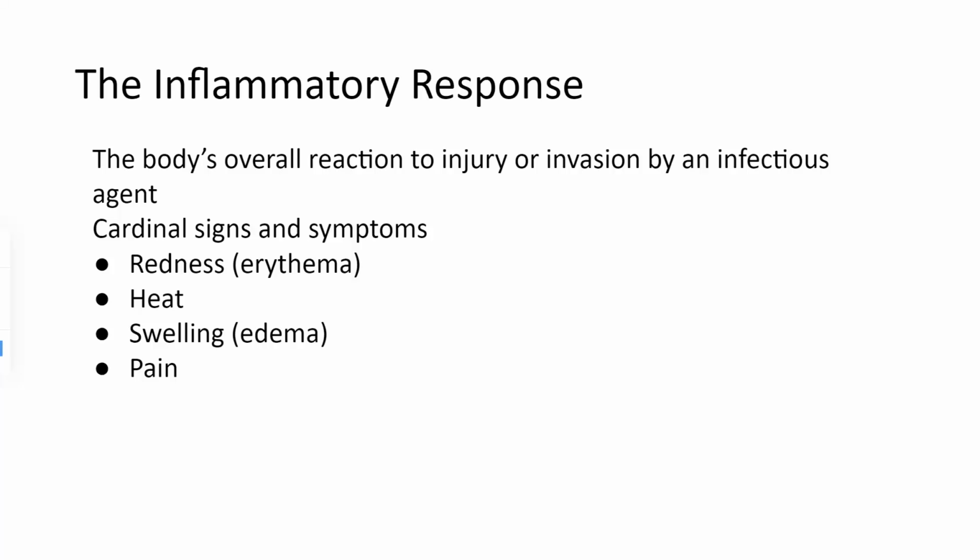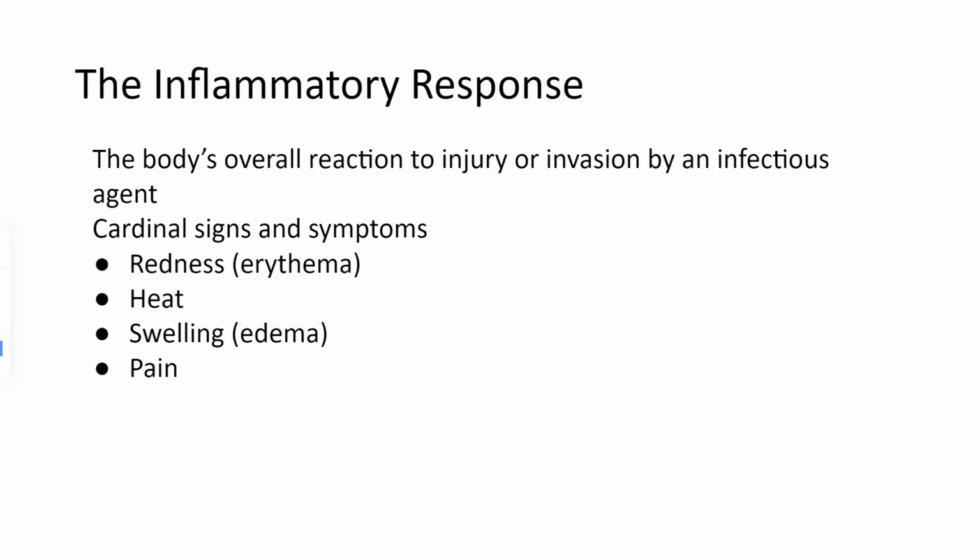The inflammatory response. So the inflammatory response is the body's overall reaction to injury or invasion by an infectious agent. It's the body's response to tissue damage. You can have inflammation even if microorganisms don't get in the body. Like let's say you roll your ankle, you're tearing tissue inside of your ankle. It doesn't tear open from the outside of the body. It's not like microorganisms are rushing in there.